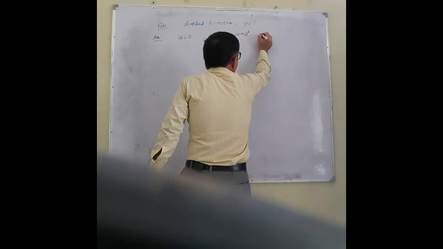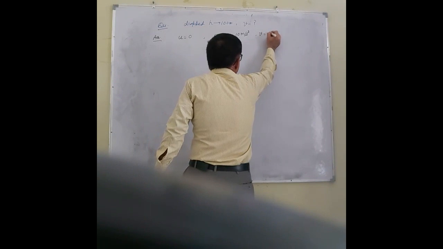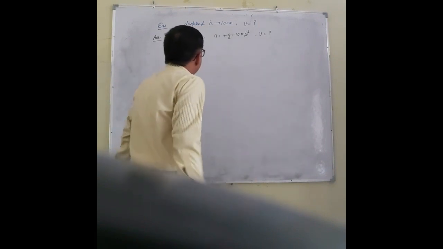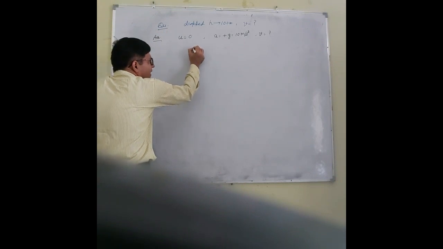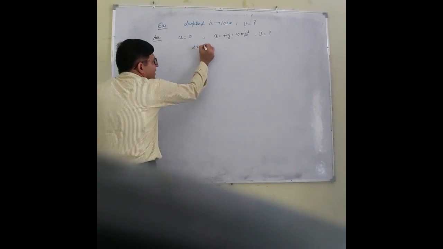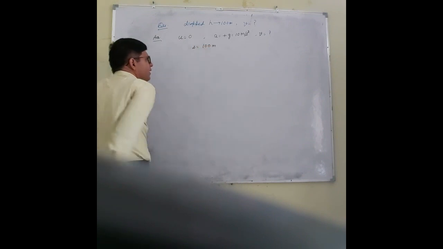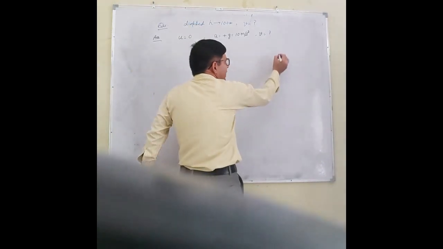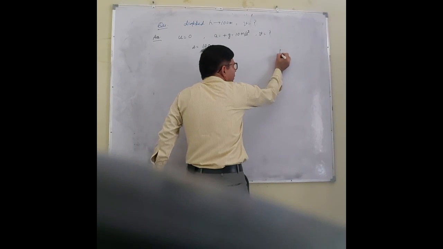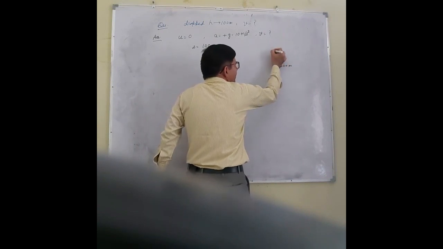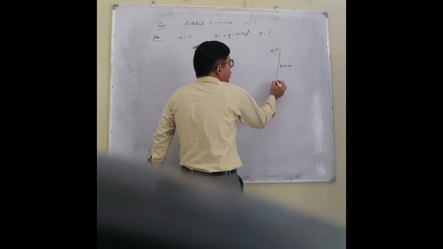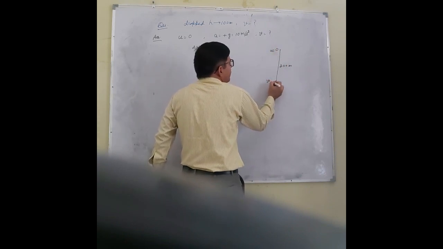I have to calculate v. What else is given? Height is also given. Let us say s is 100 meter. Meter is a unit of distance. So this is the body which is dropped from a height of 100 meter. u is 0, I have to calculate this v.